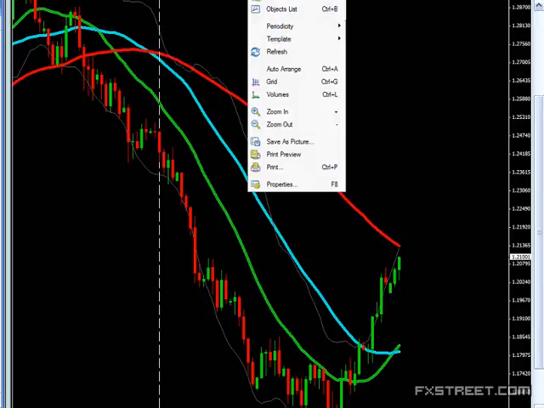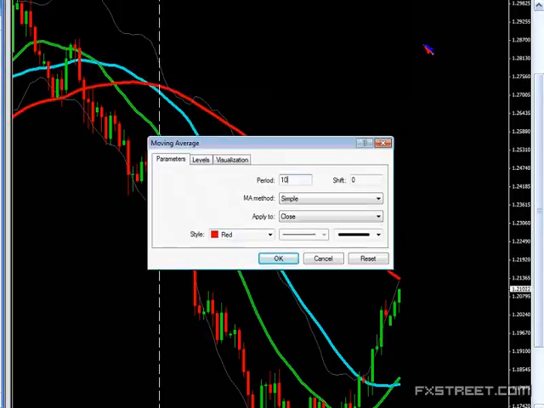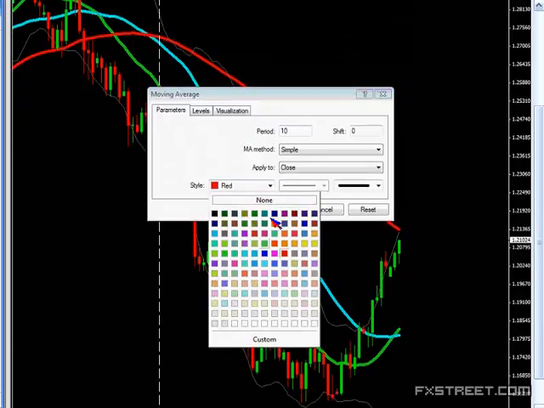There's nothing wrong with throwing in another moving average, a 10 moving average. I like to use doubles, so half of 20 is 10. And we'll make this a different color. We'll make this green; blue and red we have, yellow.